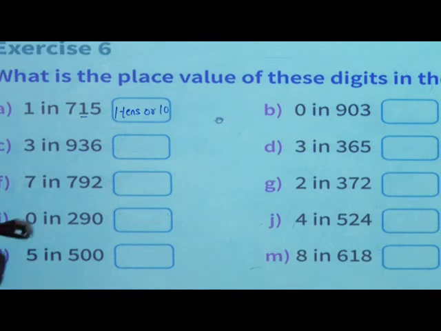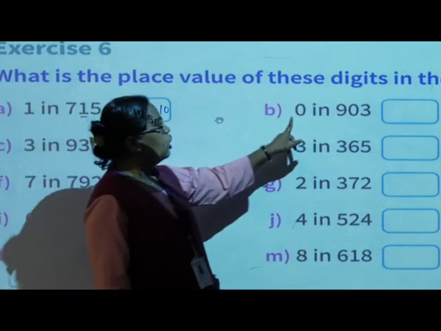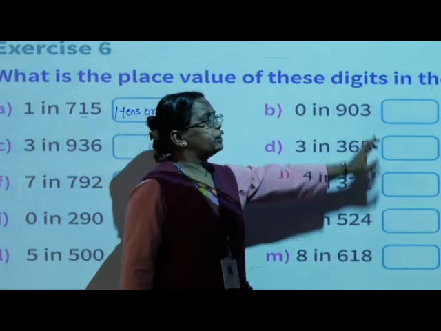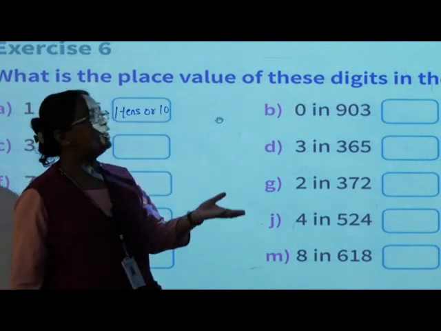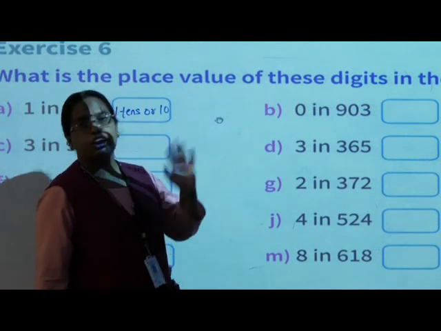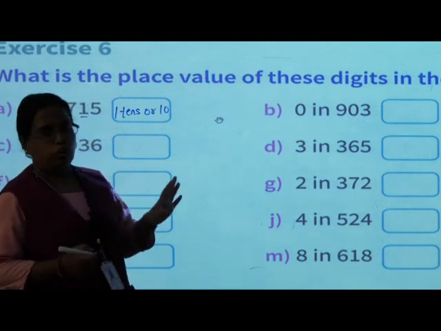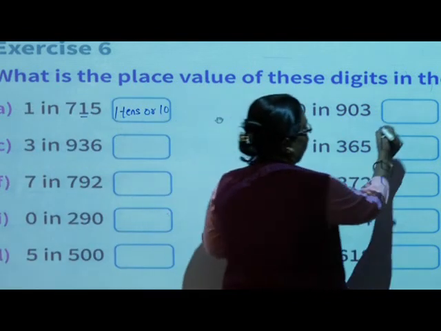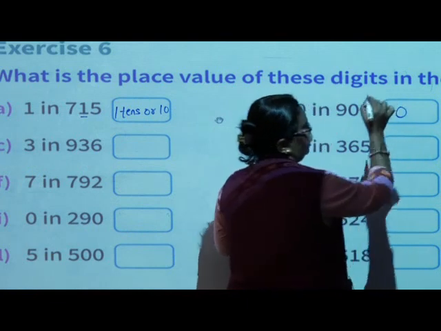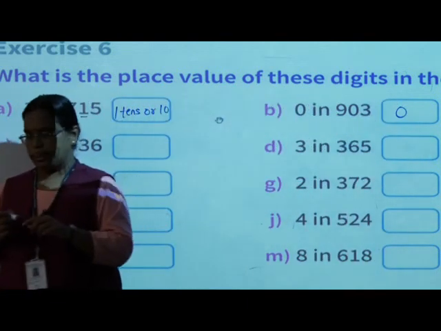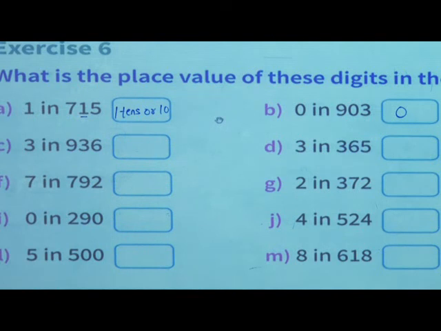Okay. Now see next, B1: 0 in 903. 0 tens means what? 0 means the place value is 0 only. No number, no tens, means 0. 0 tens.